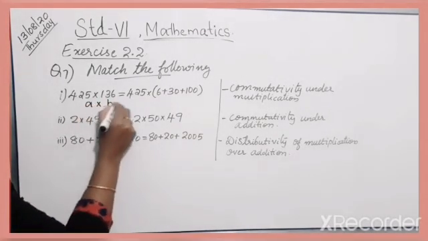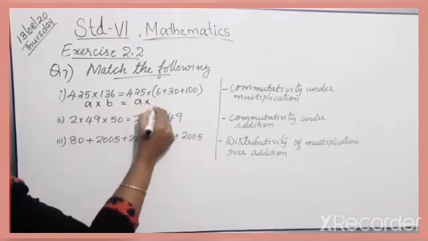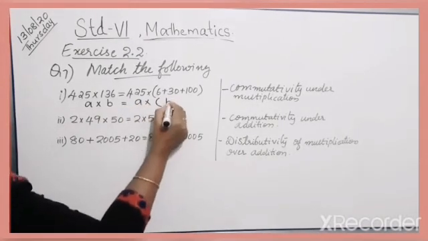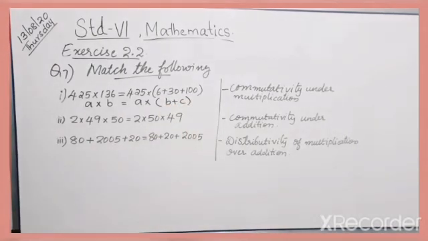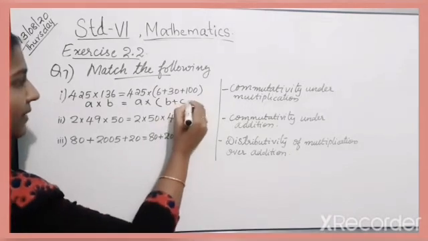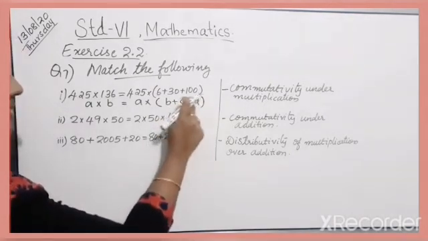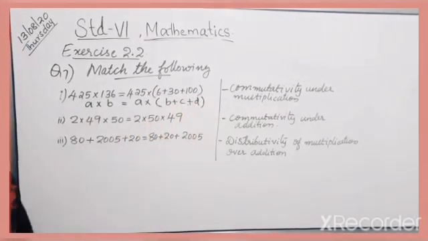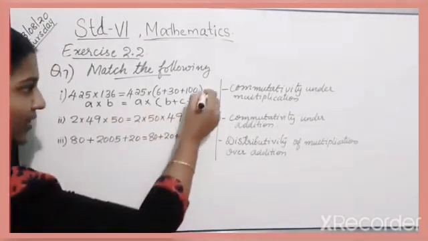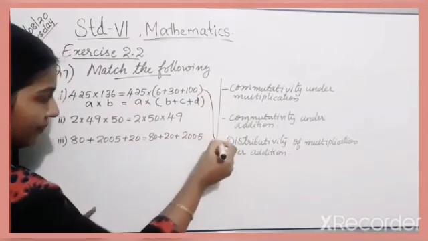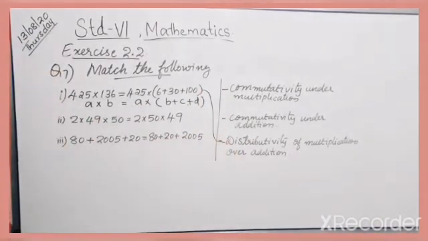A into B is equal to A into what? B plus C, isn't it? Here one more number is given, B plus C plus D. 3 numbers are there. So which is the property? Yes, distributivity of multiplication over addition. Here it is the distributive property. So you can match the first one to distributivity of multiplication over addition.